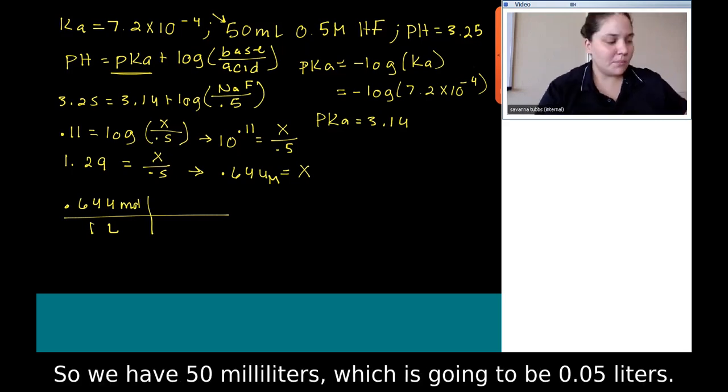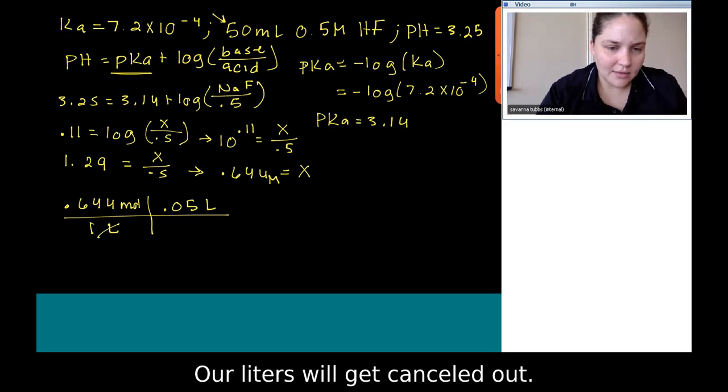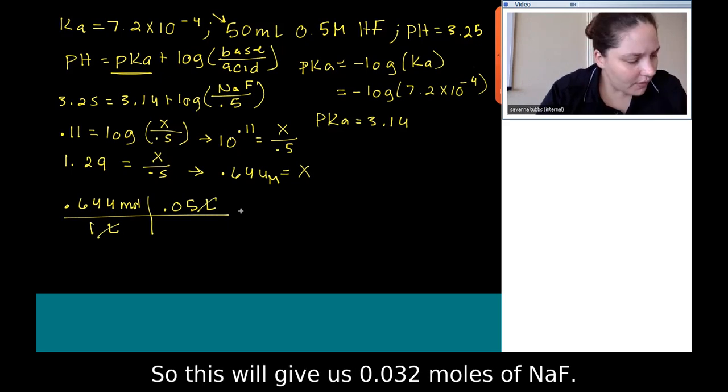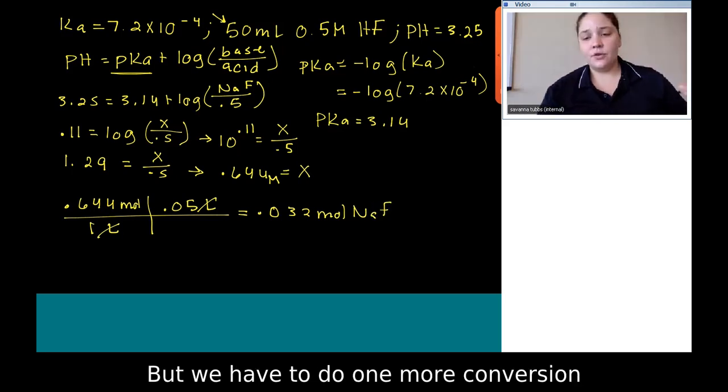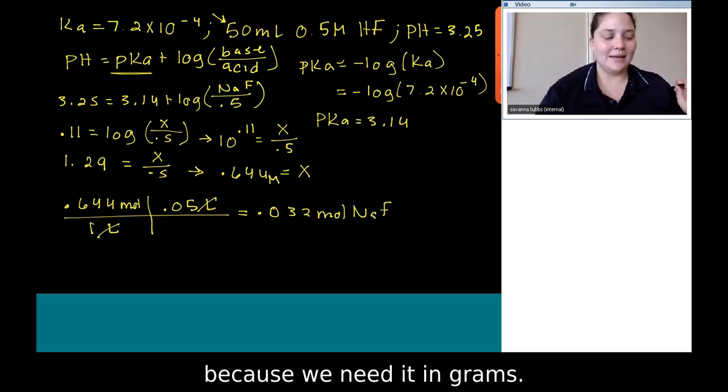So we have 50 milliliters, which is going to be 0.05 liters. Our liters will get canceled out, so this will give us 0.032 moles of NaF. But we have to do one more conversion because we need it in grams.